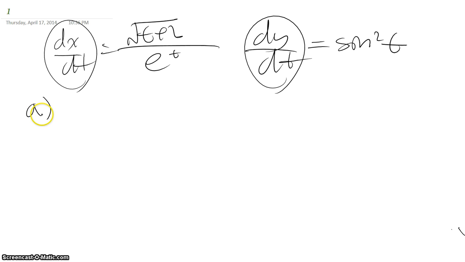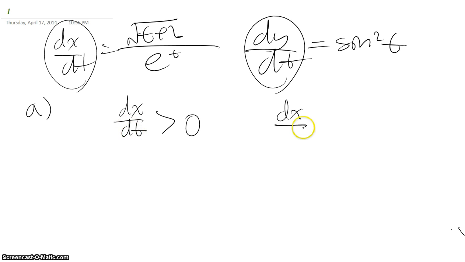Question A asks for dx/dt at time equals 2, because the question is essentially asking if the particle is moving to the left or right. At time 2, if it is moving to the right, dx/dt is going to be greater than 0.